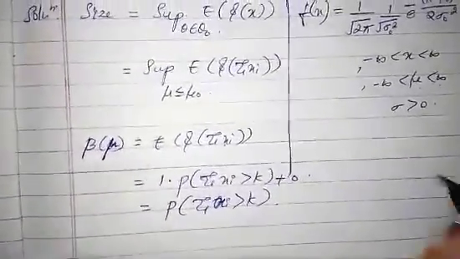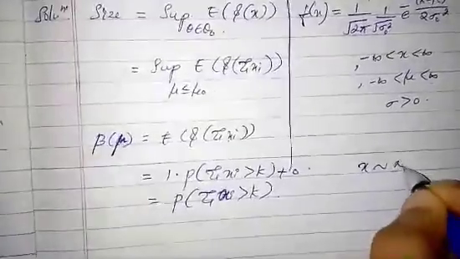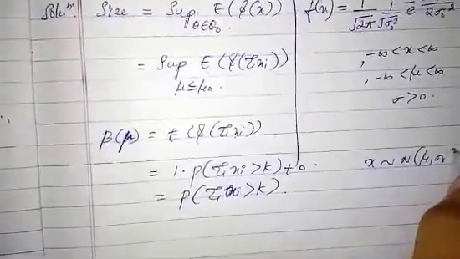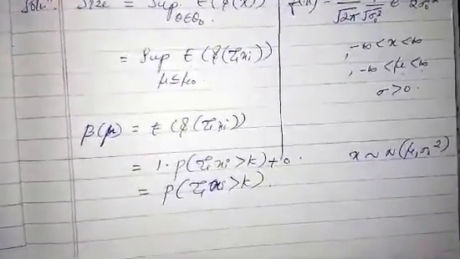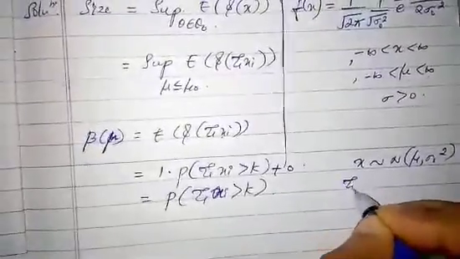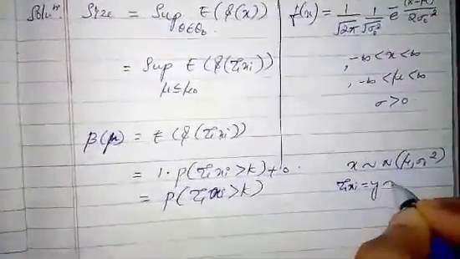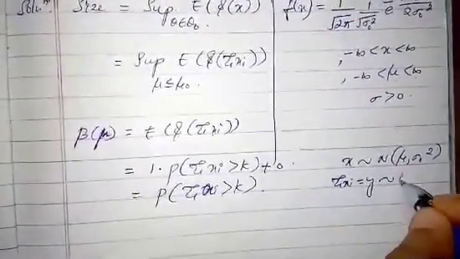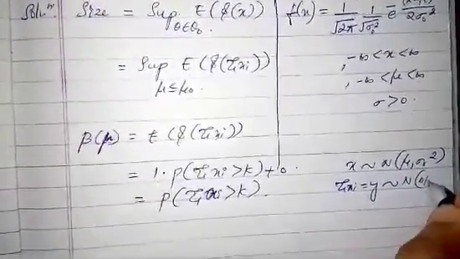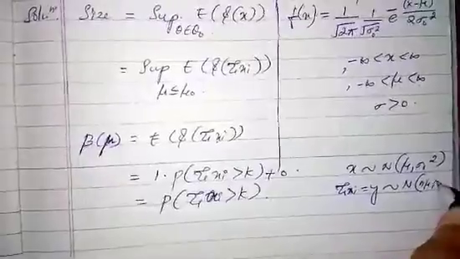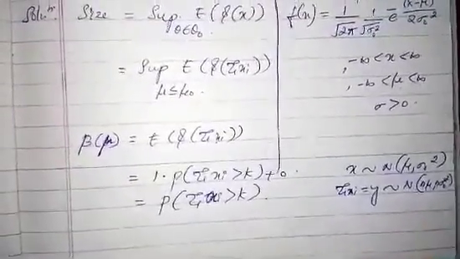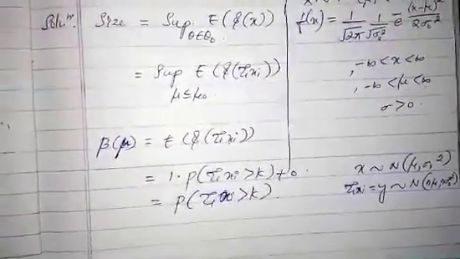Here we know that x follows normal mu, sigma naught square. Then what does summation xi follow? We can take summation xi as y. Then y follows normal with mean n mu and variance n sigma naught square. Understood?